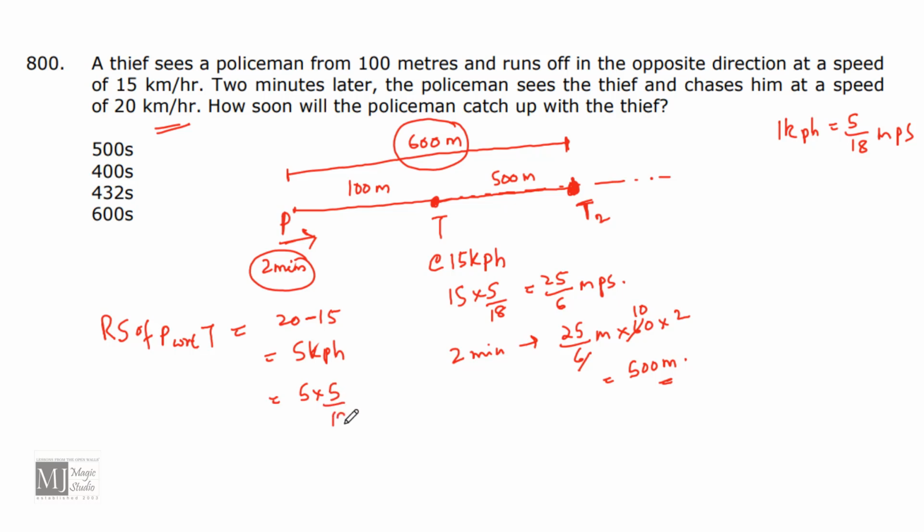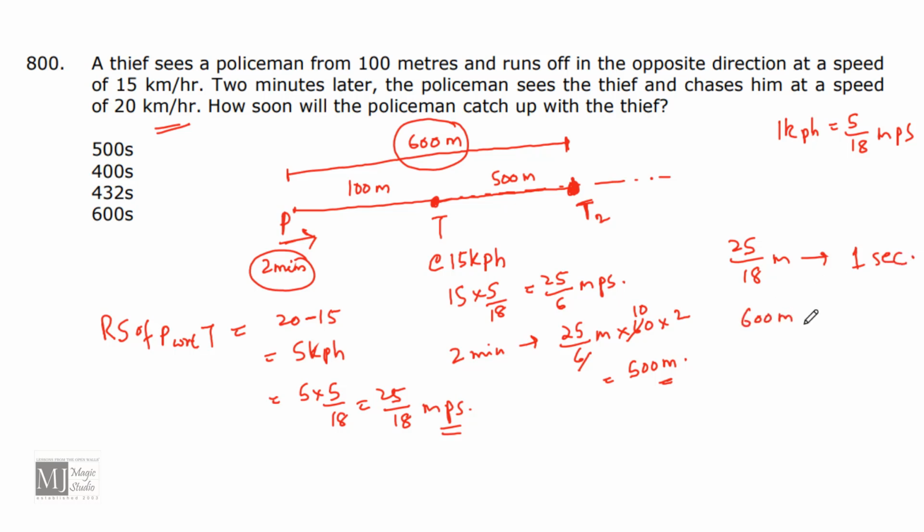5 kph is 25 by 18 meter per second. That means police would be covering 25 by 18 meters of the relative distance in 1 second.